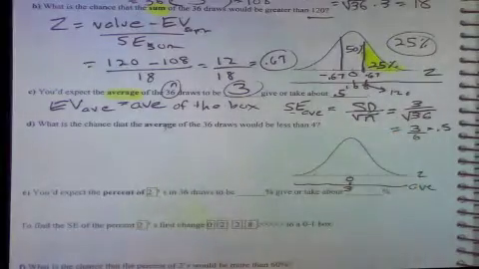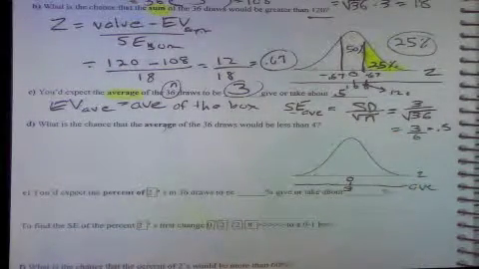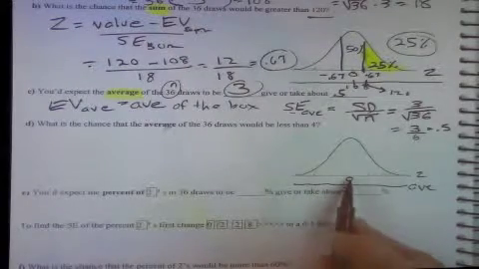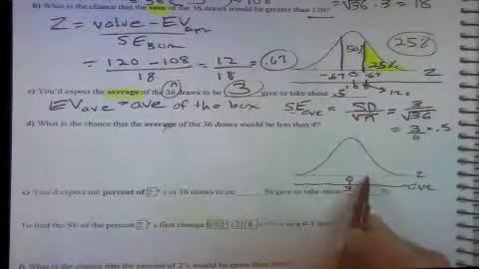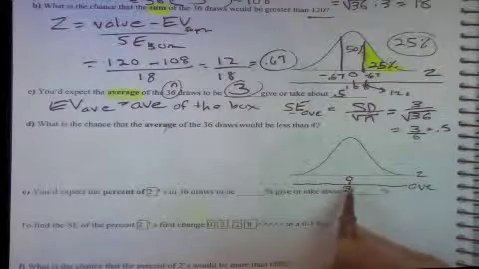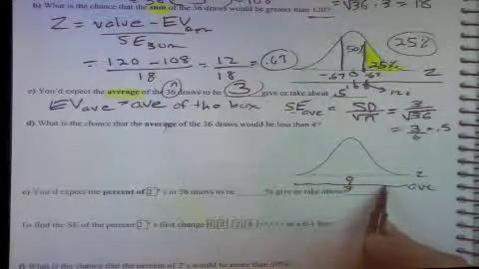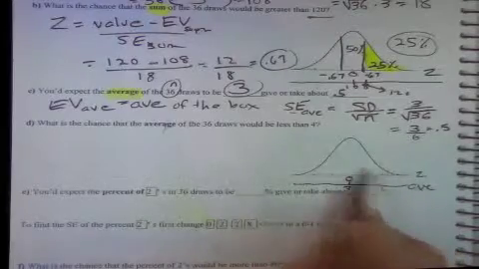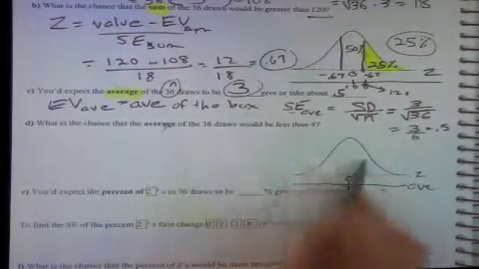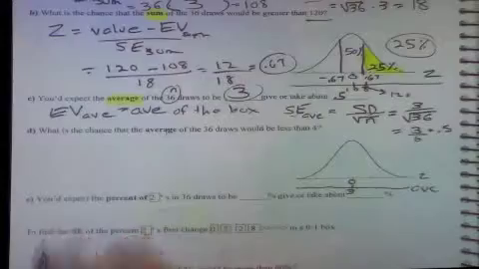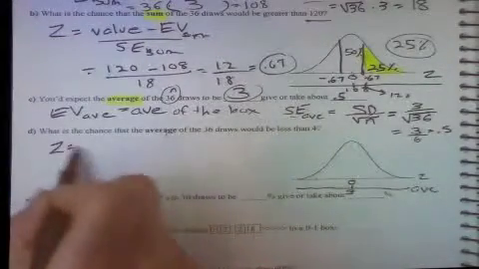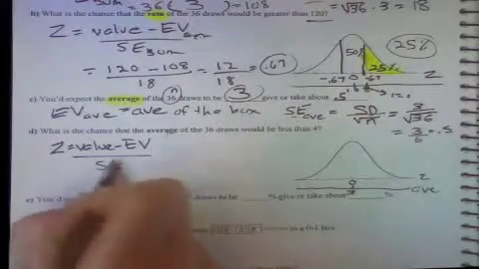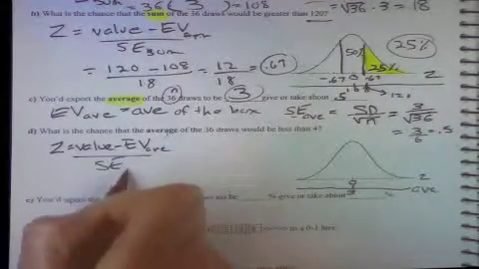That's what goes there. All right, now we can answer the question. Where to place 4 on here? It's 0.5 is 1, and another 0.5. So this would be 3.5, and that's where 4 is going to go, way up there. So the chance is going to be, what? You can do that in your head, but we'll do it out here. So z is equal to our value minus the expected value over the standard error, and we're talking about averages here.